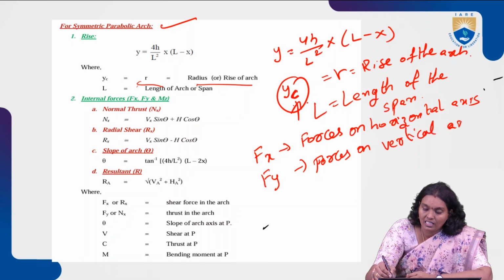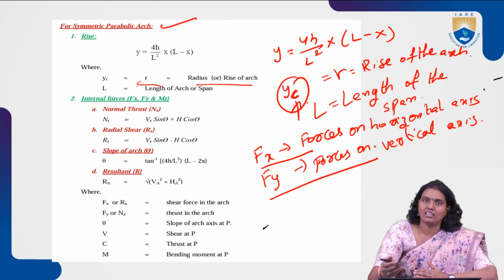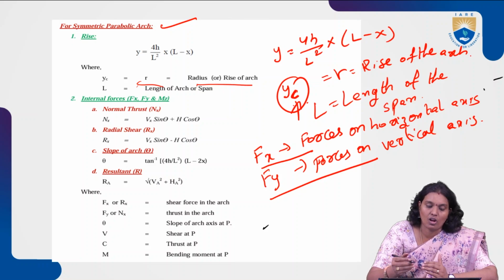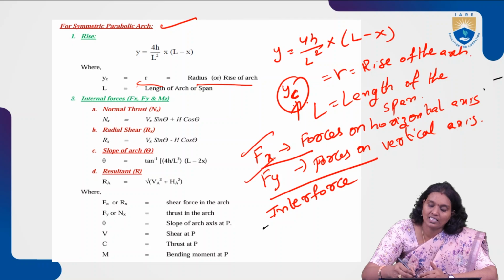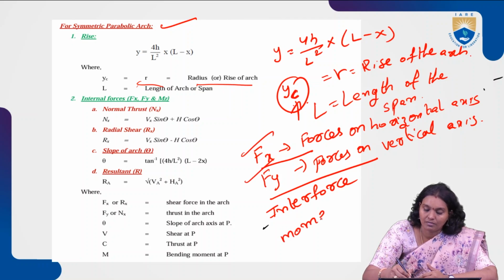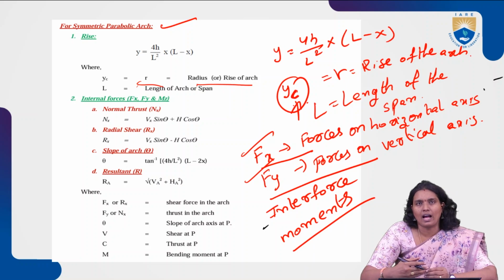The horizontal axis forces are nothing but the shear forces in the arch, and along the vertical axis the forces are nothing but the thrust. So now we know different types of internal forces involved: forces along the x-axis, forces along the y-axis, and also the moments involved in a particular arch as per the loading conditions.